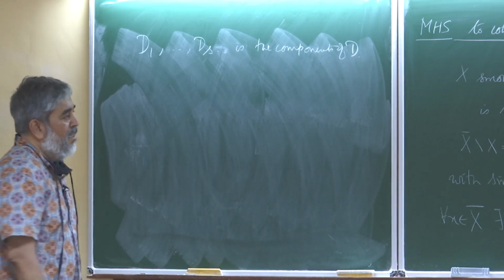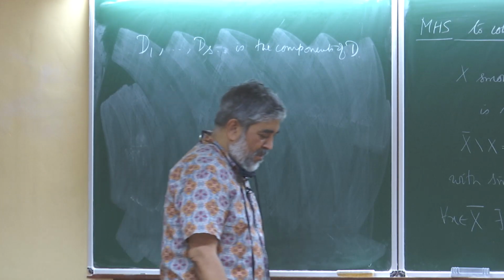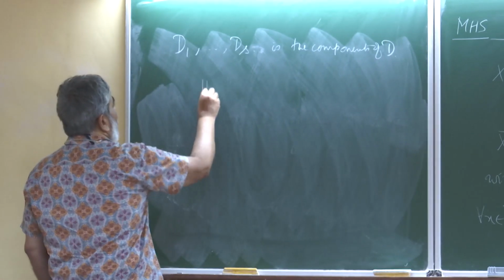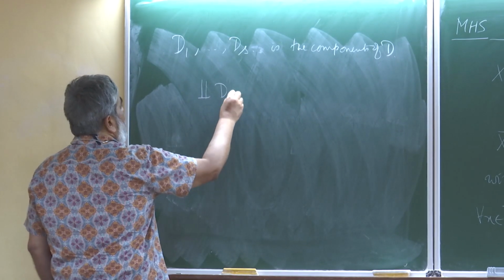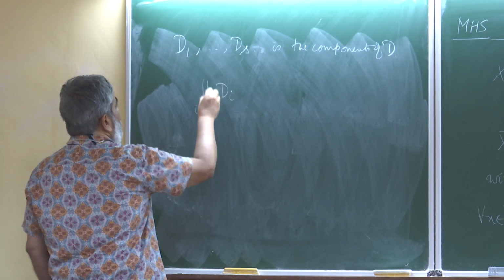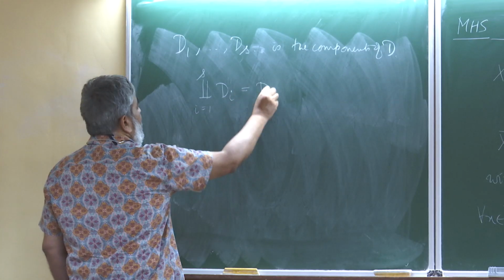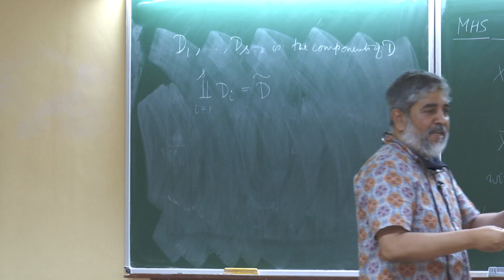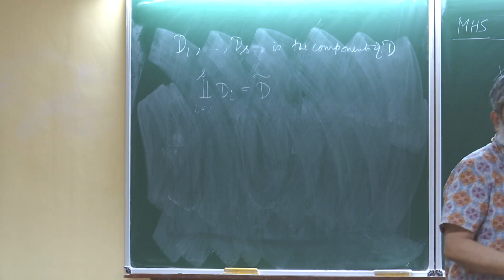Right? And look at the disjoint union of Di, i going from 1 to S, and call this D tilde. Okay, so D tilde is not sitting inside X, of course, in the image because it's intersecting. Right?